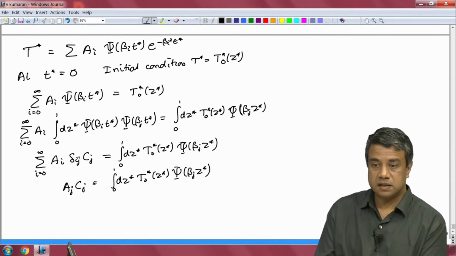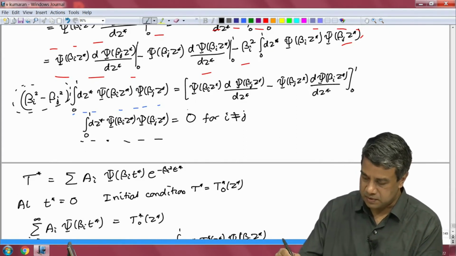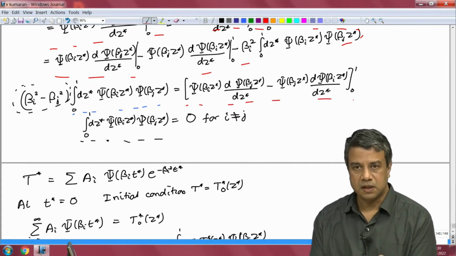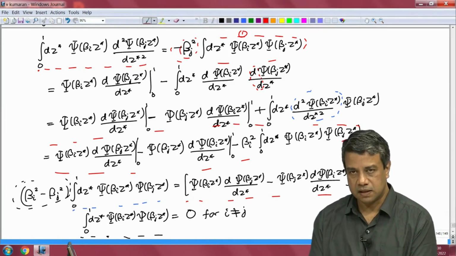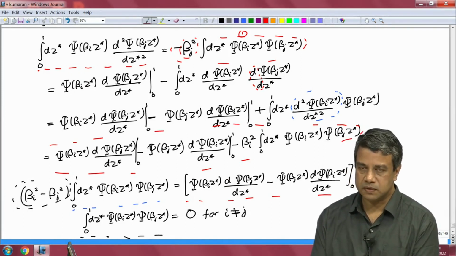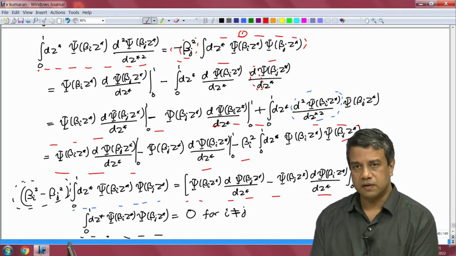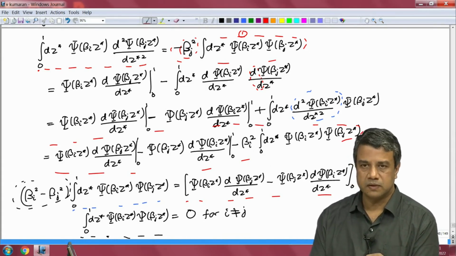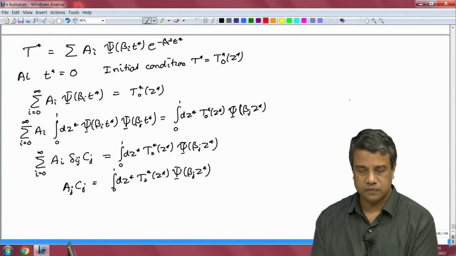The orthogonality relation is valid because the function satisfies homogeneous boundary conditions, and therefore, the right side of this equation is equal to 0. So, if you have homogeneous boundary conditions and this operator, the second derivative operator, then you are guaranteed that the solutions for different integer values of i are orthogonal to each other, or perpendicular to each other, and therefore, if you multiply two different functions and integrate, you will get 0.